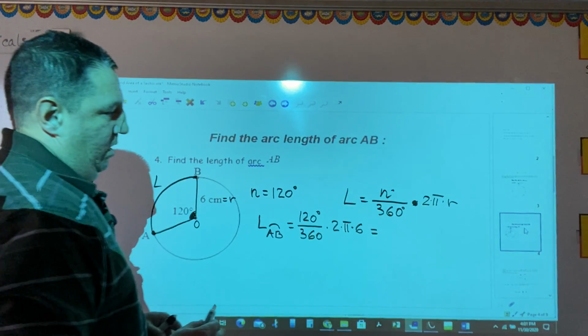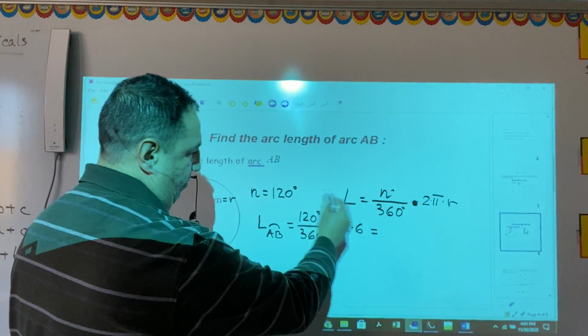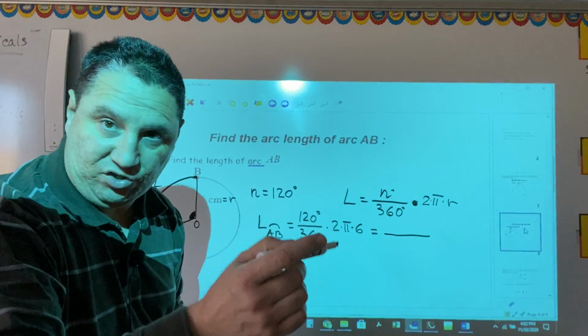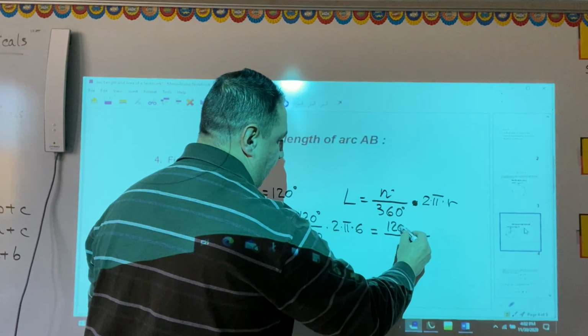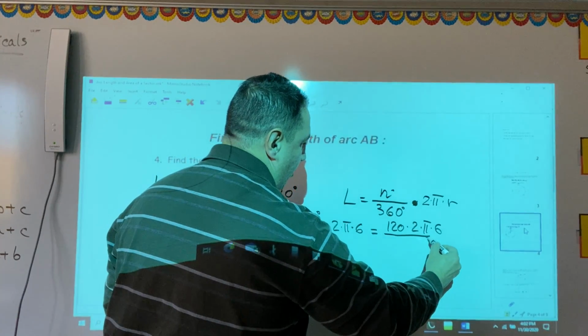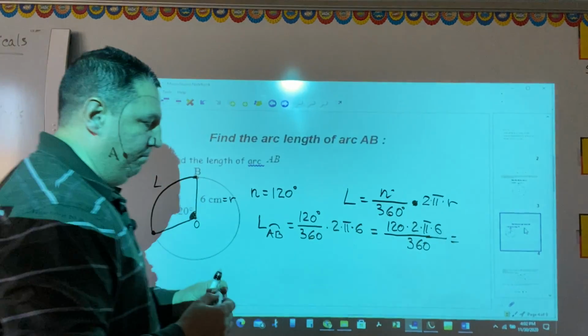Now, we can rewrite this product as one fraction. So you're going to have 120 degrees times 2 times pi times 6 over 360 degrees.